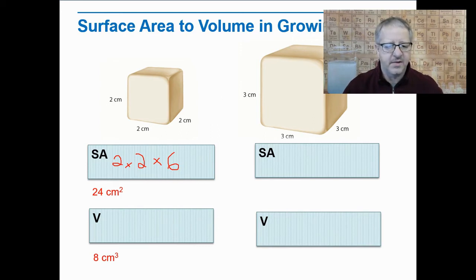So there's our answer. Now volume is going to equal 8 centimeters cubed. So that's going to be 2 times 2. Why is my ink disappearing?